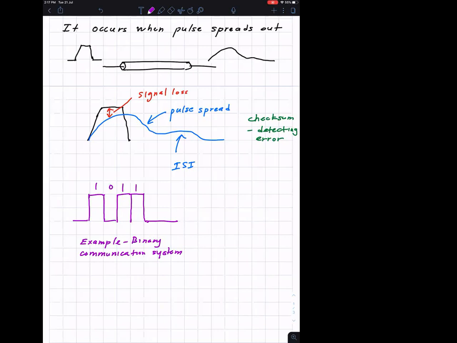And then it's going through a transmission line. And then on the other side, what happens?